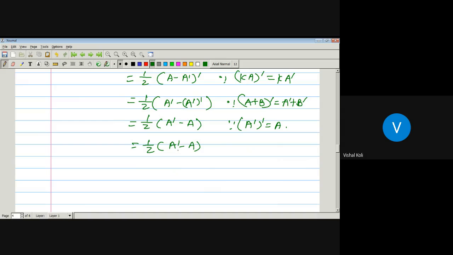Now if we take the minus sign common, it can be written as minus 1 by 2 (A minus A dash), since minus 1 upon 2 times A minus 1 upon 2 A dash gives the same as this one.